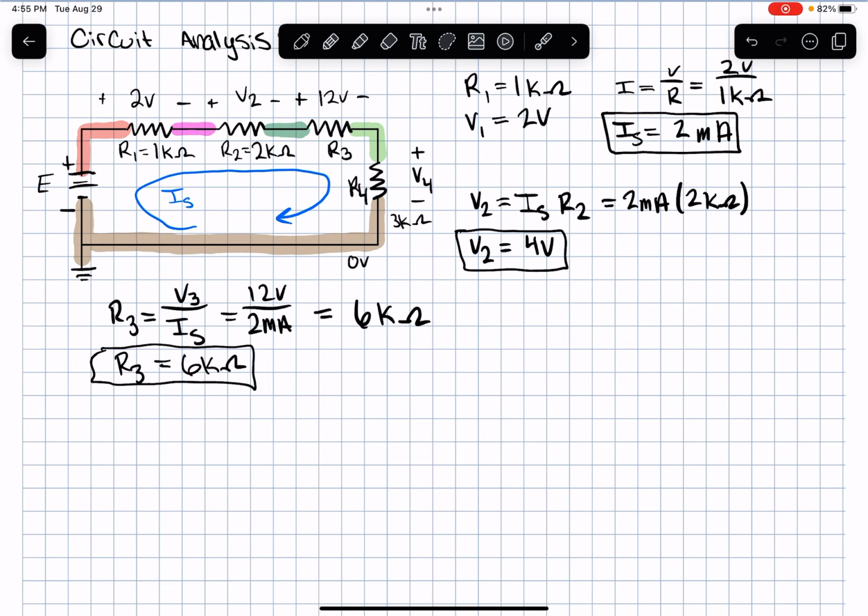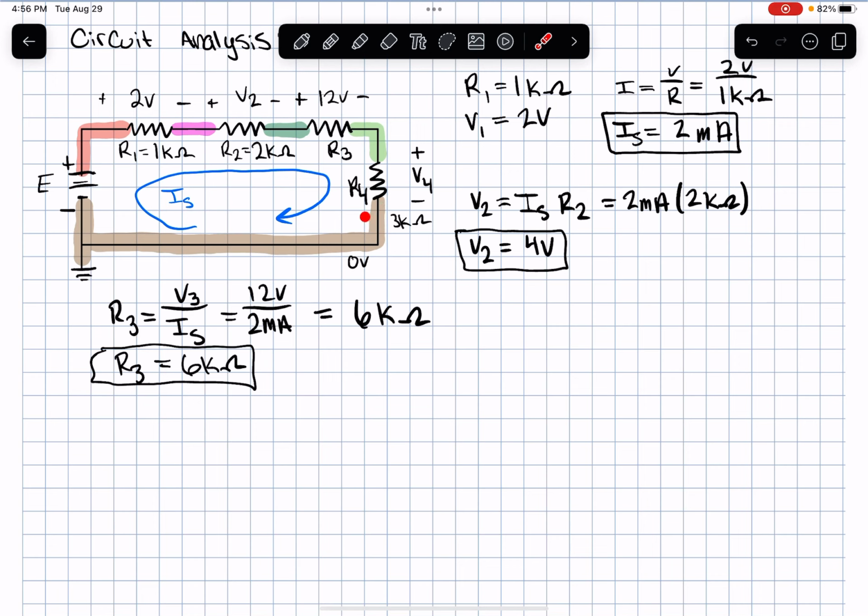Right now, so we got the current using this resistor, since we have voltage and resistance given. We got this voltage 2, using the current with the resistor 2 value. We got resistor 3 using the current and the given voltage.